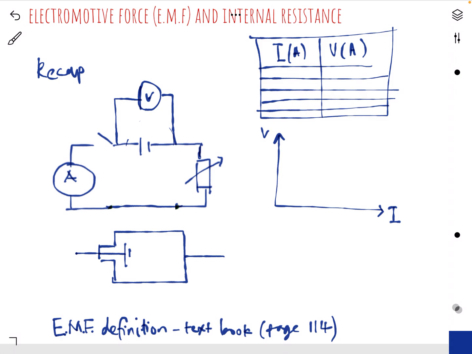However, in a dry cell, we have electrolyte, and current experiences resistance while flowing through the electrolyte. That's why we have internal resistance in the dry cell. And the symbol we use for internal resistance is small r, and EMF is capital E. So that is the symbol we used.